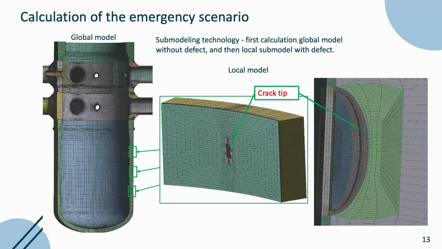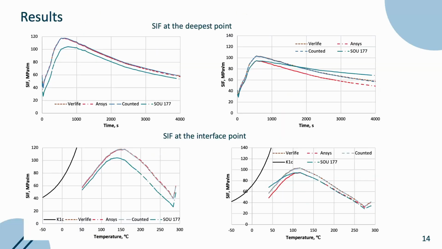Also, the calculation of a full emergency scenario. For this calculation, we use submodeling technology and build two models. One model is the full reactor pressure vessel, and the second model is a submodel with the crack tip.